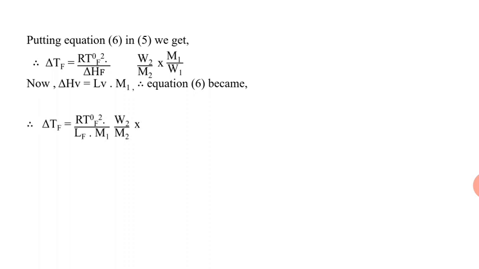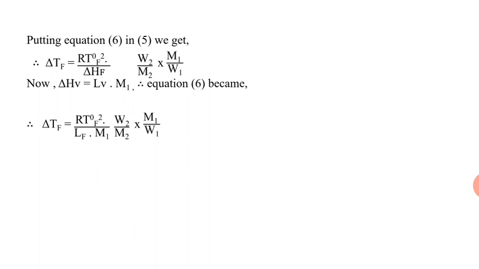delta Tf is equal to R T0f square upon Lf into M1 into W2 upon M2 into M1 upon W1.